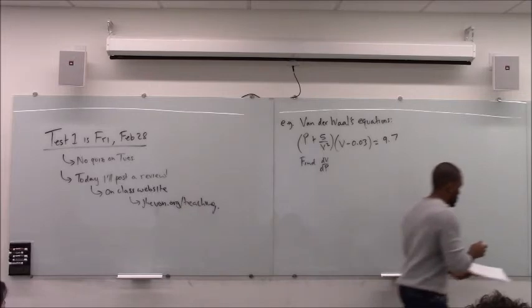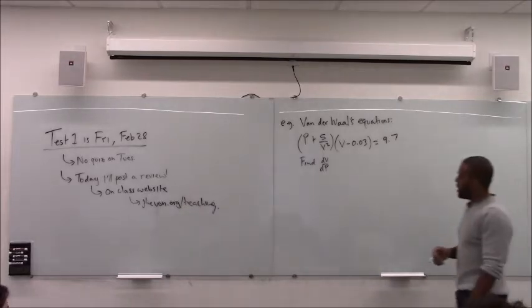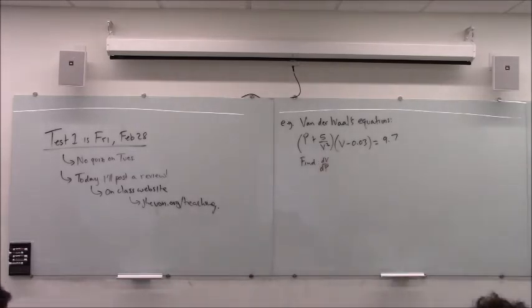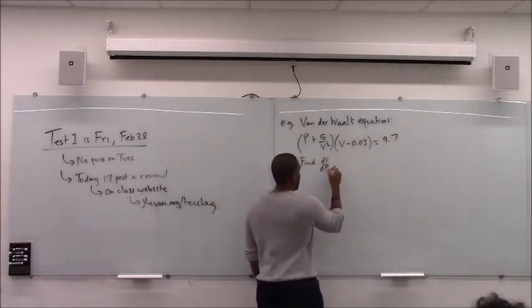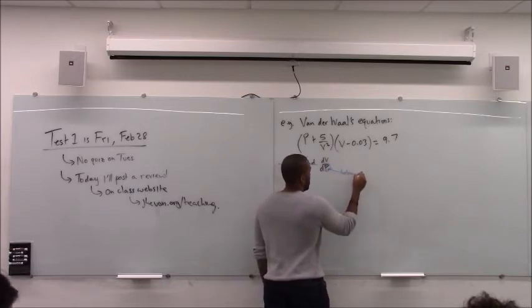The idea is, if you see something like this, you don't have x's and y's, so don't get confused. The important thing is knowing that the variable at the bottom is your independent variable.